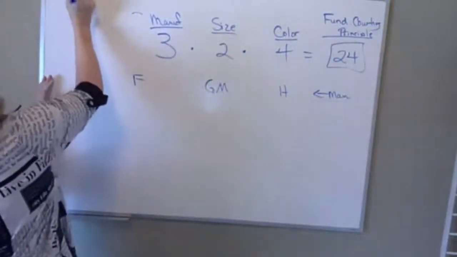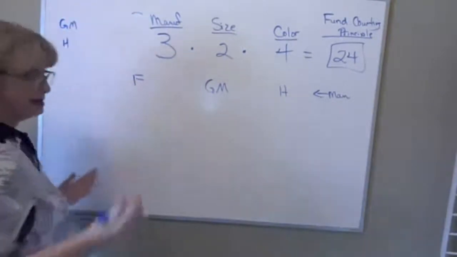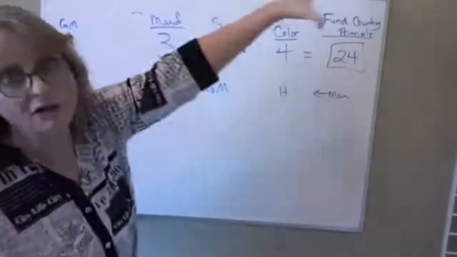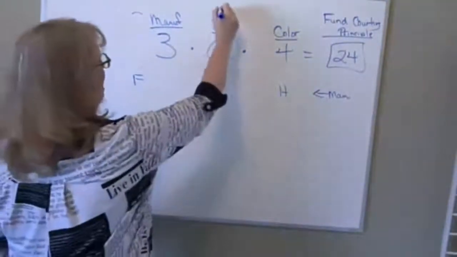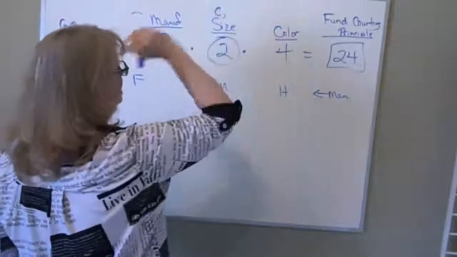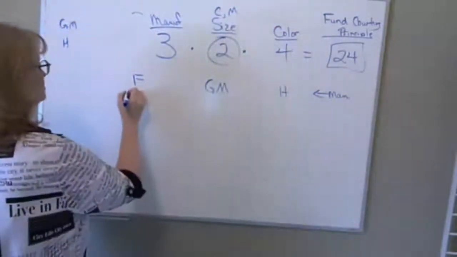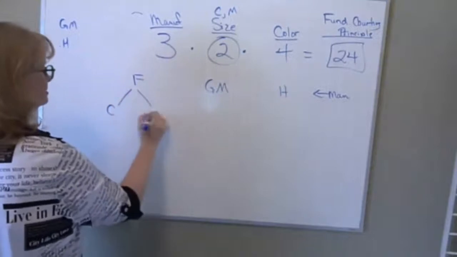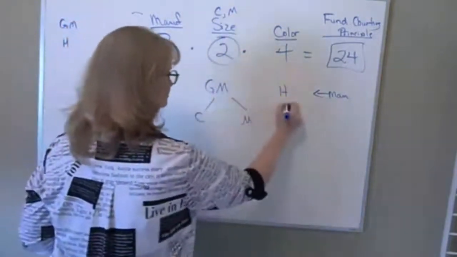So you could go Ford, GM, Honda. Okay, that's another way you could, and then your tree goes that way. This tree is going to go down this way. For the size, I had compact and what was the other one? Mid-size or something like that. So compact and mid-size. So each of these go like this.